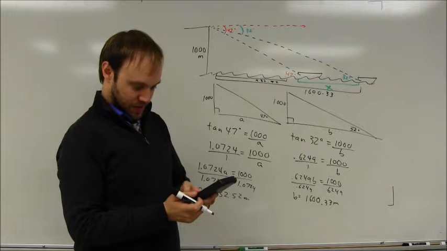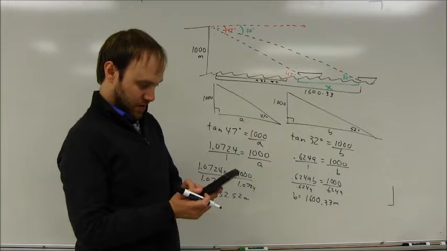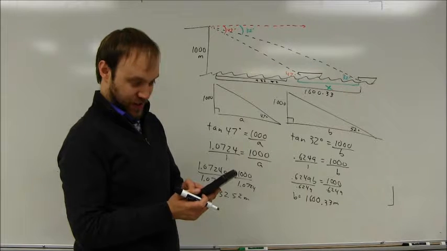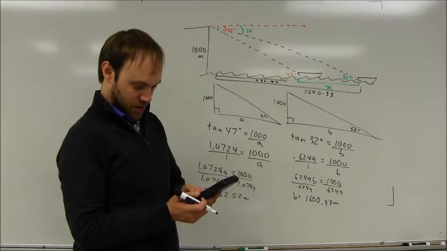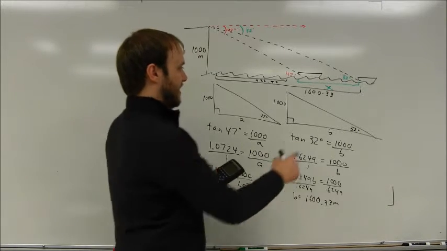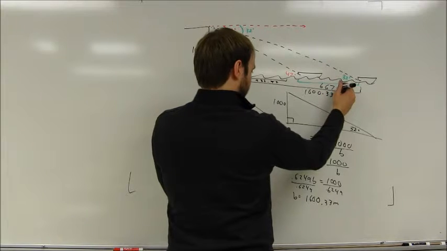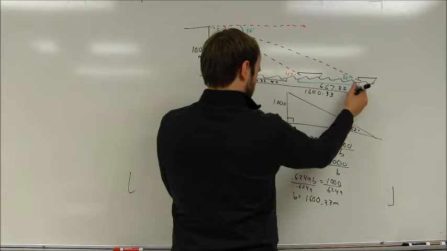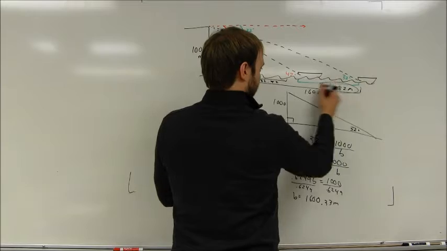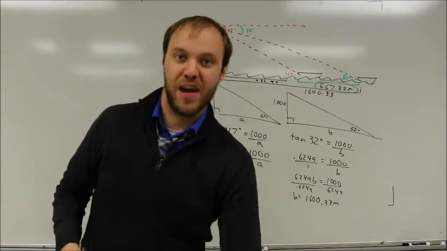So subtract my 932, actually, I'm leaving the values in my calculator here. And basically, I find out that the distance between the two boats is approximately 667.82 meters, if I round.